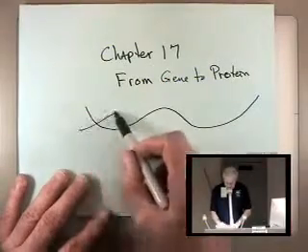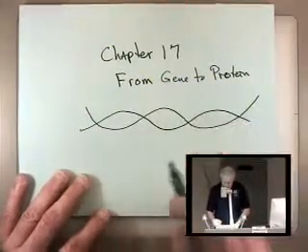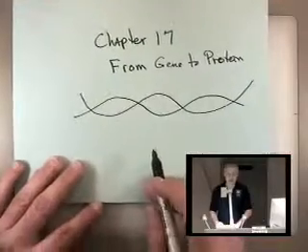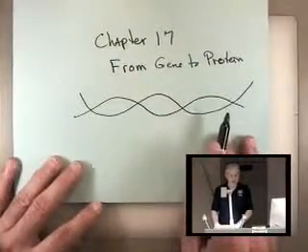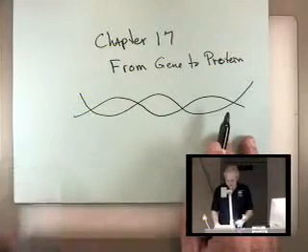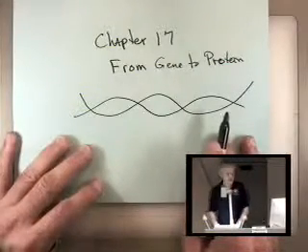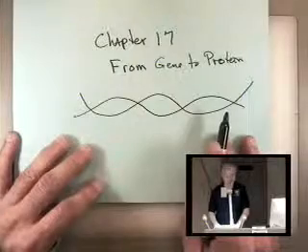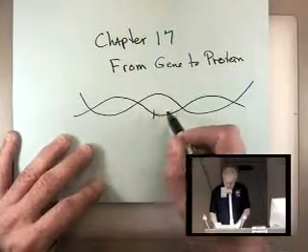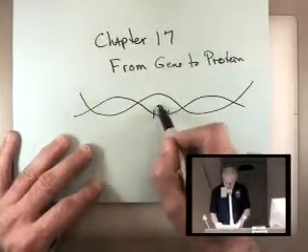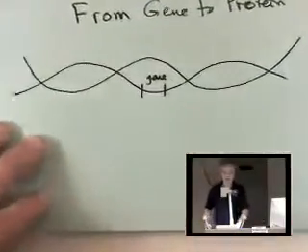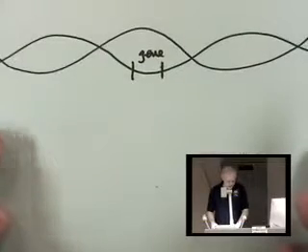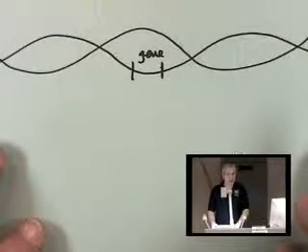I'm just trying to draw a DNA double helix here, quickly, to remind us that somewhere along the double-stranded DNA of a single chromosome of a homologous pair, we have an allele, and now we're just talking about it as a gene. We've repeatedly stated that from a gene you get protein.